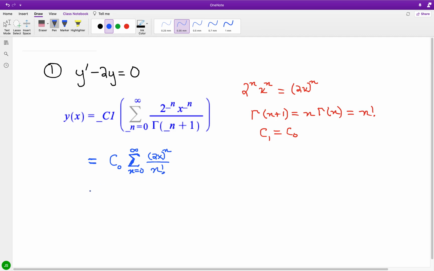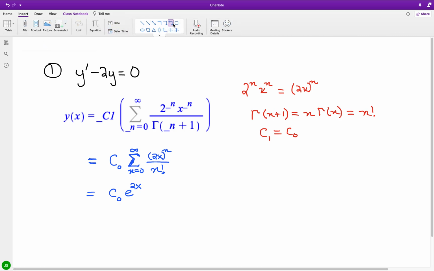So this will be your summation solution, and the summation corresponds to the function e raised to the 2x.